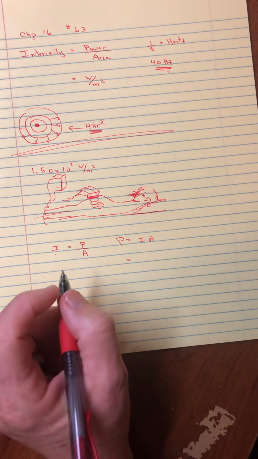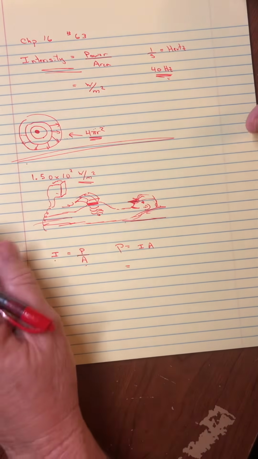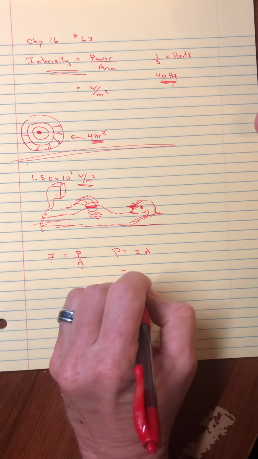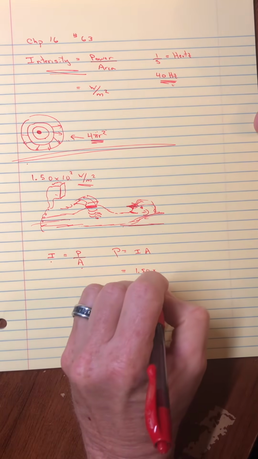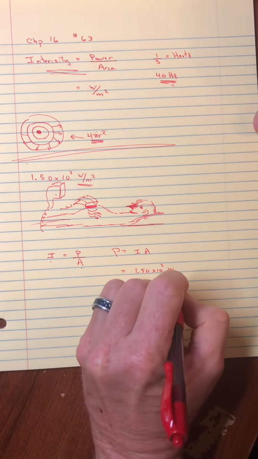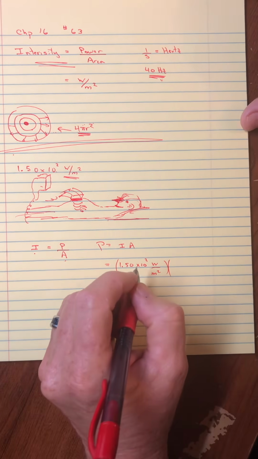That's the trick to the problem, in case you didn't recognize the units, and that would be my fault because I didn't really get a chance to talk about the intensity. So taking the 1.50 times 10 to the 2 watts per square meter, and then multiplying it by the area.